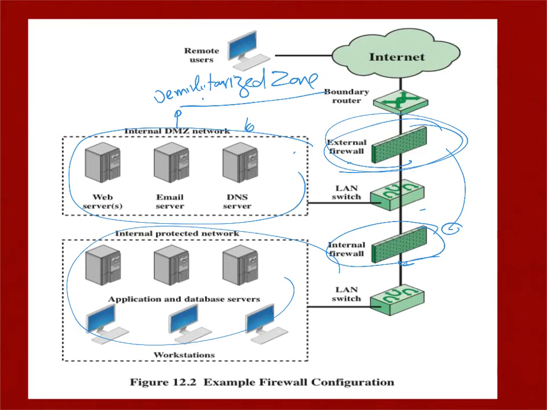The internal firewall provides an even higher level of protection to protect the internal protected network. In between the external and the internal, we have the DMZ, which usually contains the part of the network which should be commonly accessible from the outside world. Is that clear? Any questions?